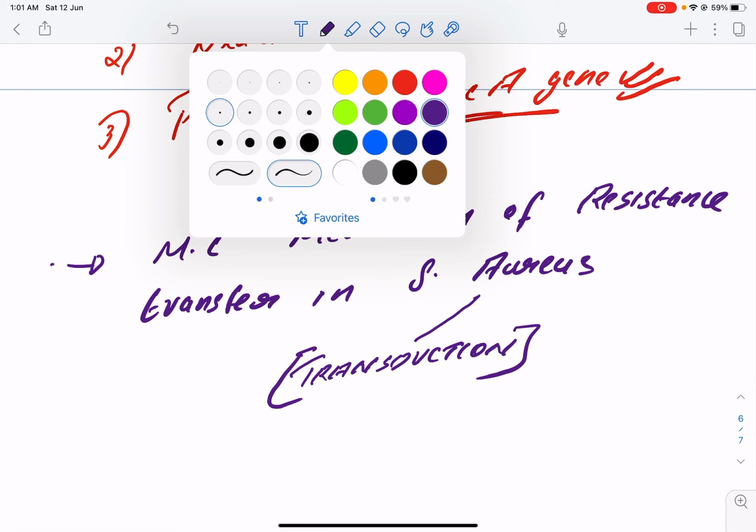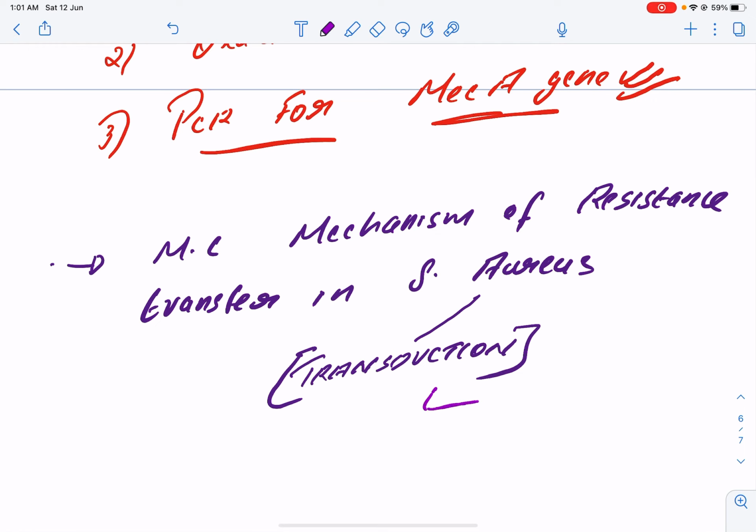And this transduction, remember, is bacteriophage mediated.